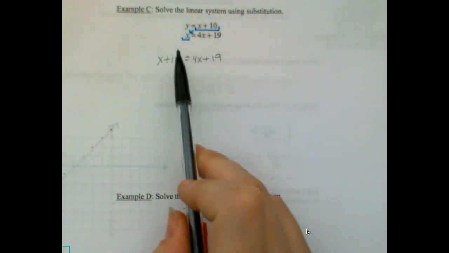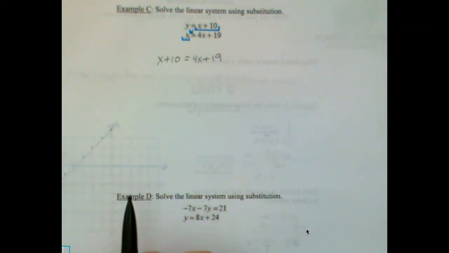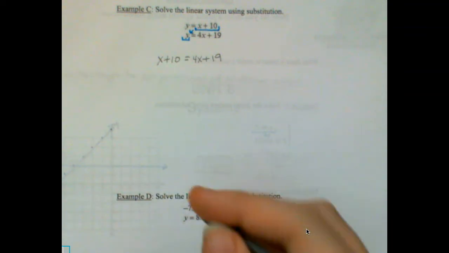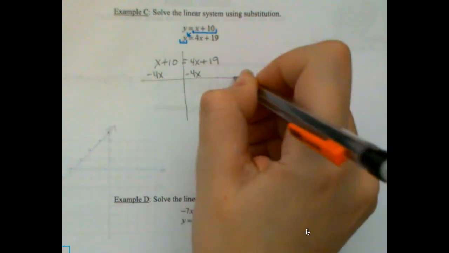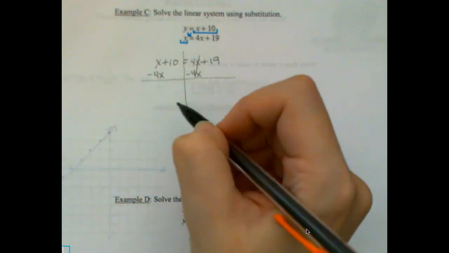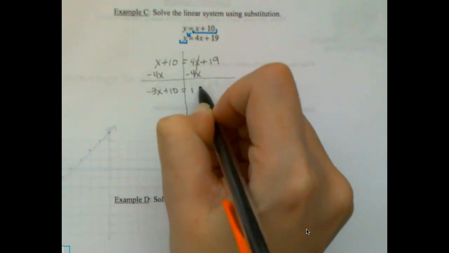So instead of y equals 4x plus 19, I get x plus 10 equals 4x plus 19. I've eliminated 2 variables, so now I can go ahead and solve this like we did again in Unit 2. So I'm going to get my x's on the left. Those cancel. I get negative 3x plus 10 equals 19.